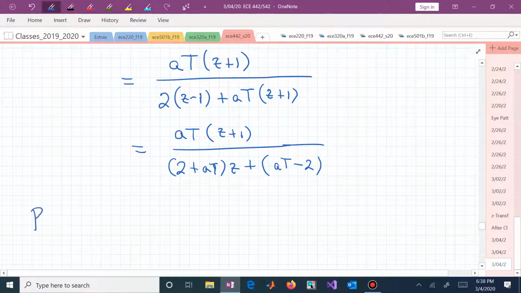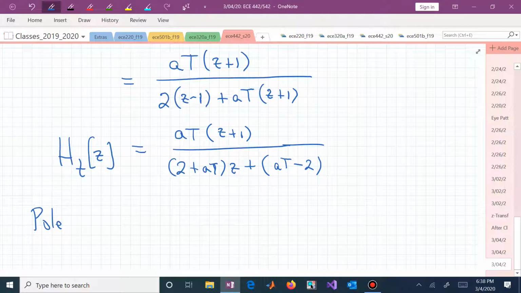Where's our pole? This is now H sub T of z. What is that? Remind me. That's a low-pass filter in the digital setting using a trapezoidal numerical integration strategy. Where is the pole?